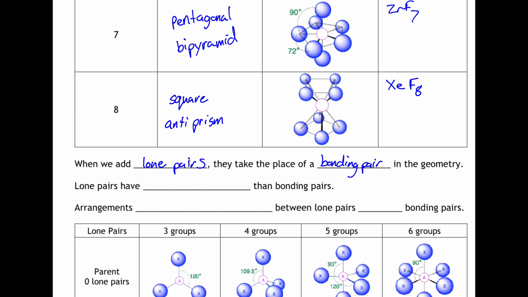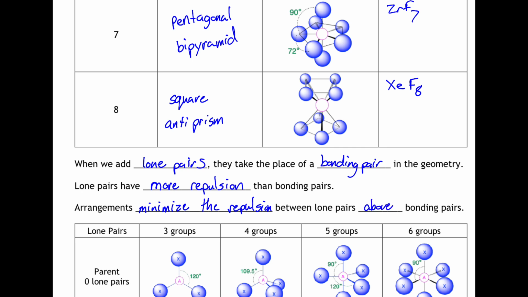So lone pairs actually have more repulsion than bonding pairs. So arrangements minimize the repulsion above the bonding pairs.